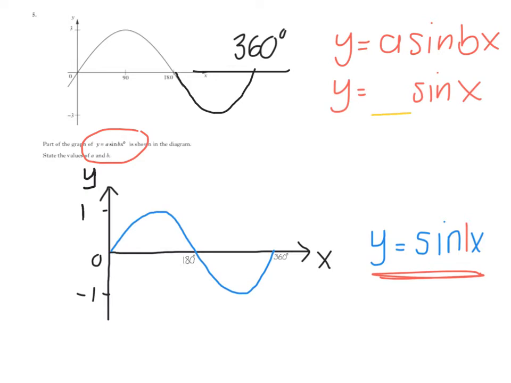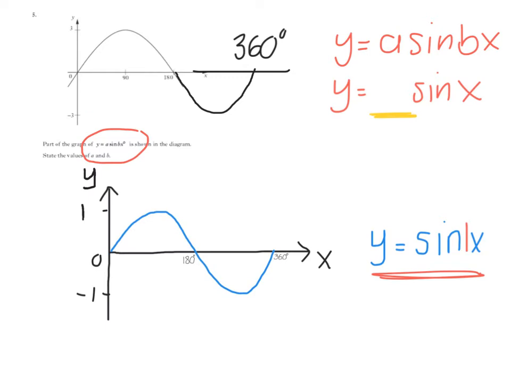I've left space in here for our value of the other unknown a. So if we take a close look at the graphs, we'll see that the maximum value of y equals sine x is 1, and the minimum value of sine x is -1. Our graph, however, has a maximum value of 3 and a minimum value of -3.